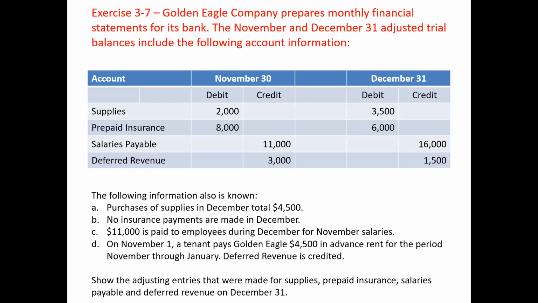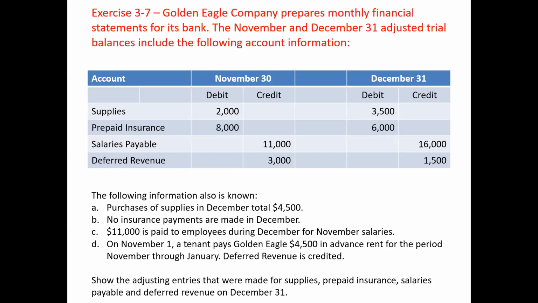Now, what they're doing is they're giving us the beginning and ending balance for the month of December. They're giving us some information so it helps us to see what else went on in these accounts. And it wants us to show the adjusting entries that were made for supplies, for prepaid insurance, for salaries payable and deferred revenue on December 31st.